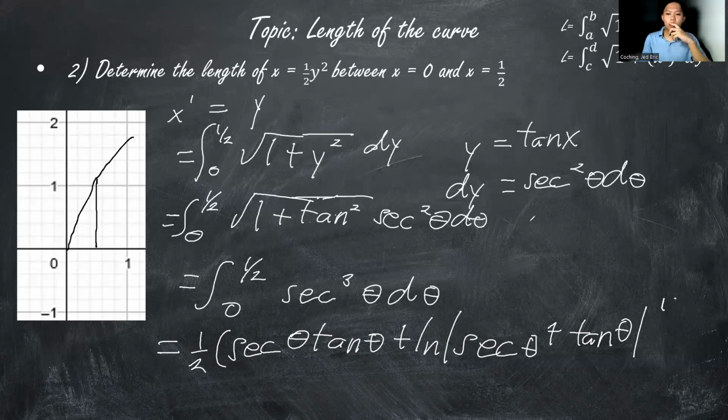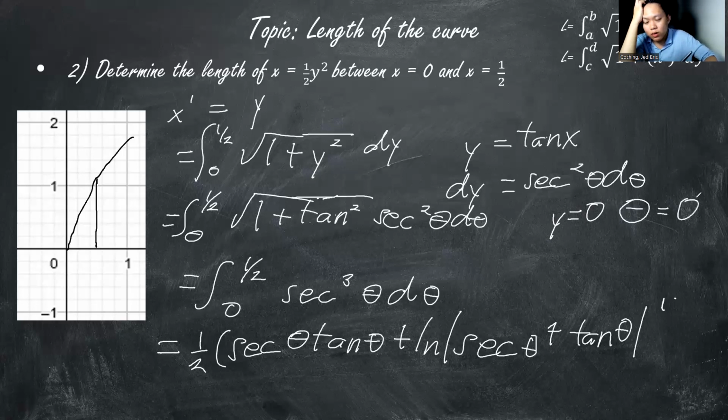Oh yeah, I forgot. I need to change the upper limits. So if y equals 0, then tan theta equals 0, so theta equals 0.